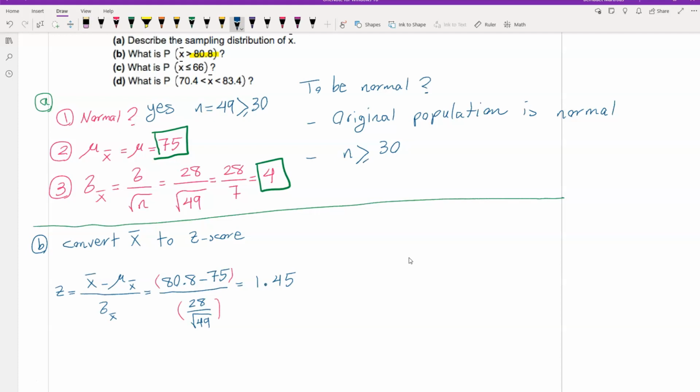Now finding the probability. The probability when X bar is greater than 80.8 is equal to the probability when Z is greater than 1.45. We have to use normal CDF.